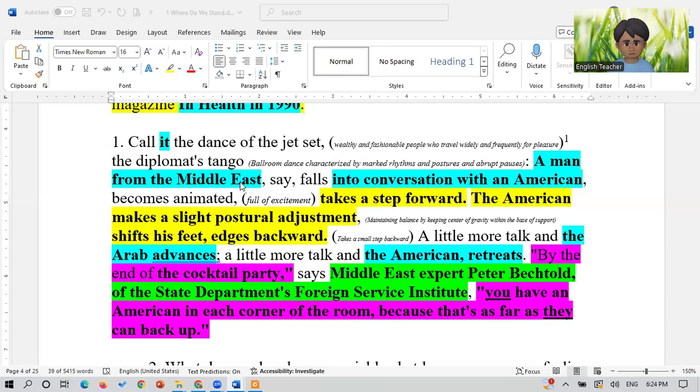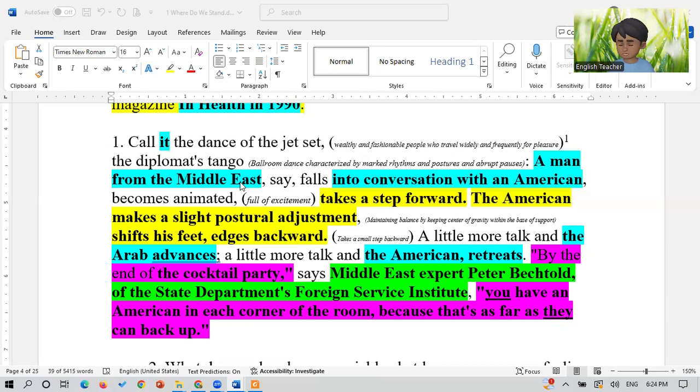Two, it has some details. I repeat, idea and details are the two pillars on which any written paragraph stands.